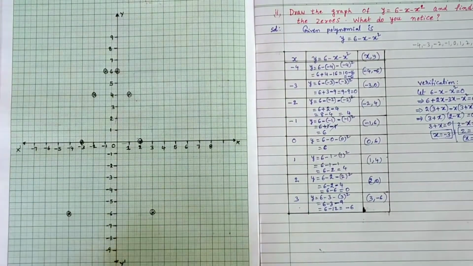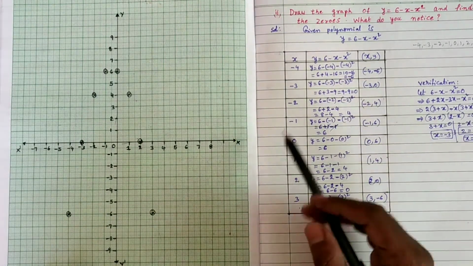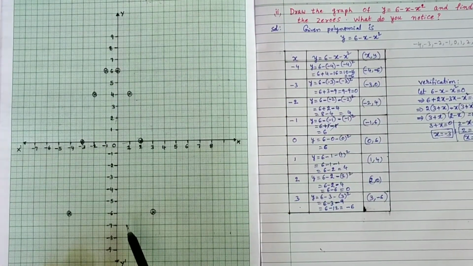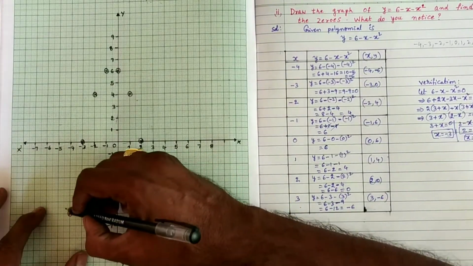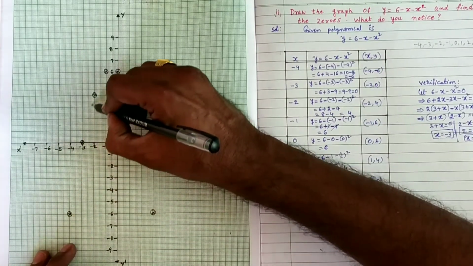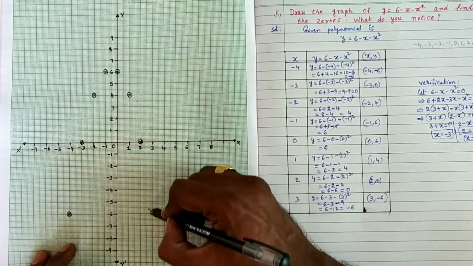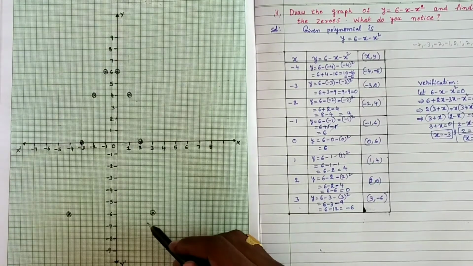So these are the points, and join them by hand only, don't use a scale. The graph of a quadratic polynomial is a parabola. So draw the shape neatly. Just check the points roughly without touching the graph. After that only we keep the points.